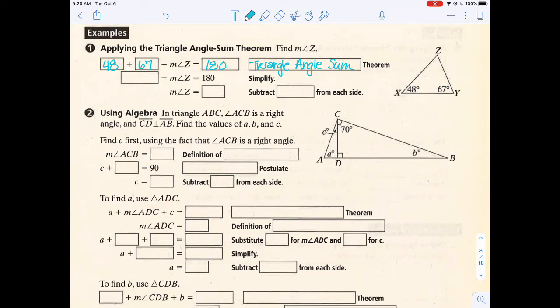If we add 48 and 67, we get 115. So then if we subtract 115 from the 180, we end up with 65. So we know that angle Z has to be 65 degrees.